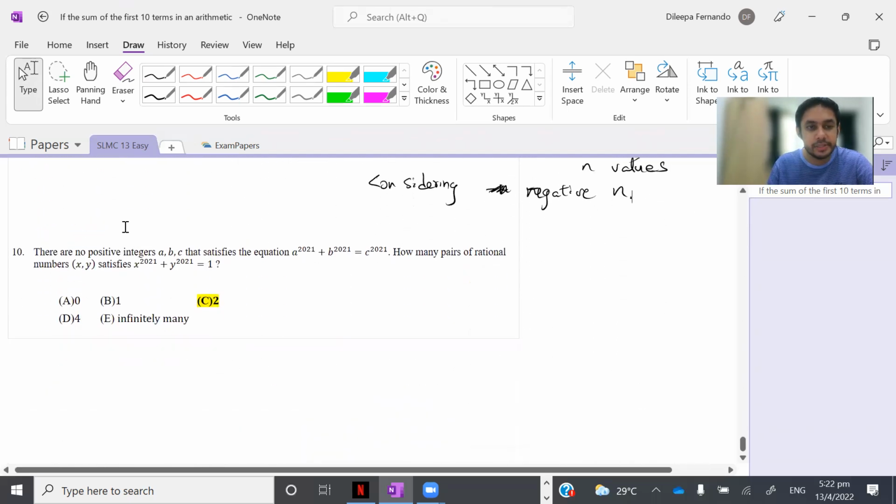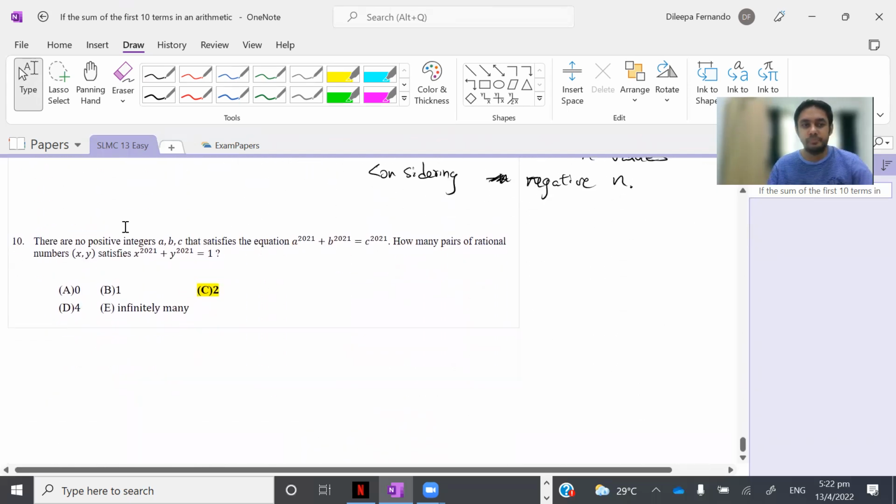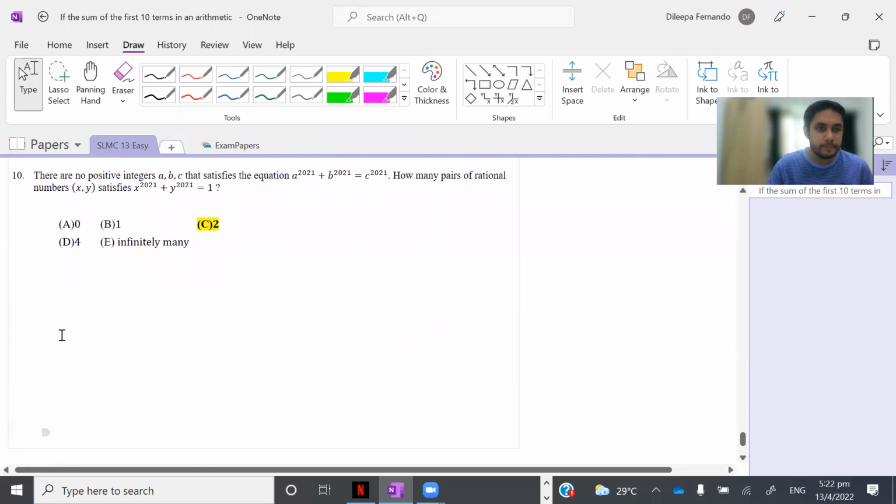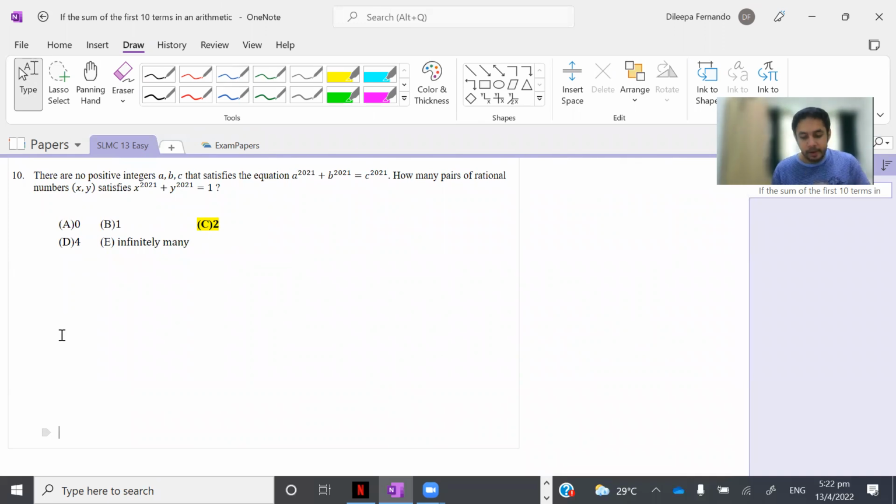Okay, final question out of the easy questions. There are no positive integers a, b, c that satisfy this equation. How many pairs of rational numbers?